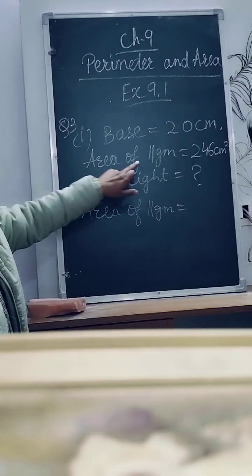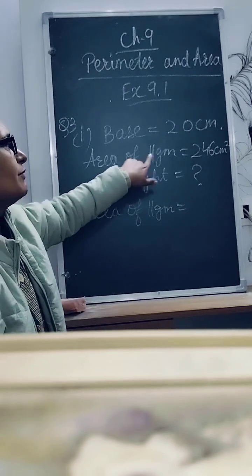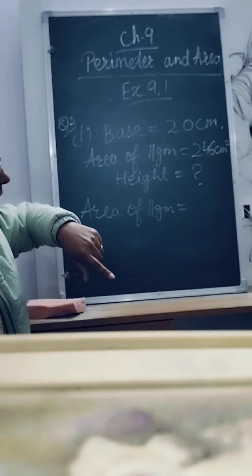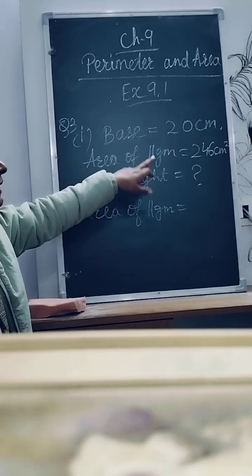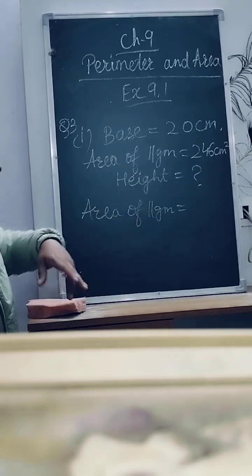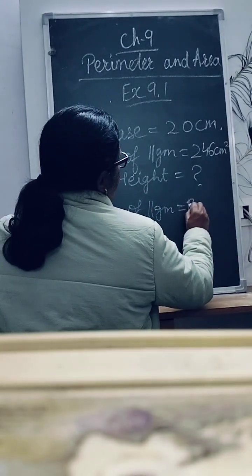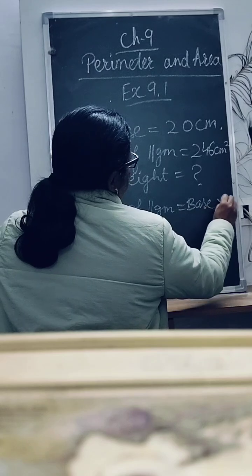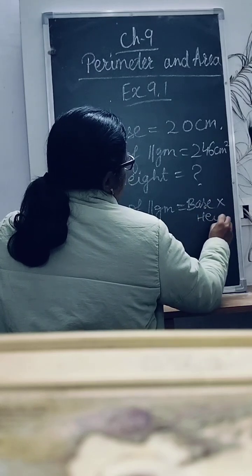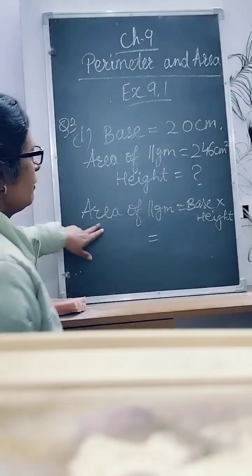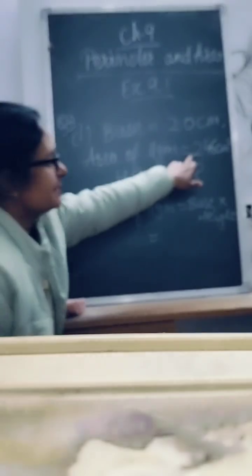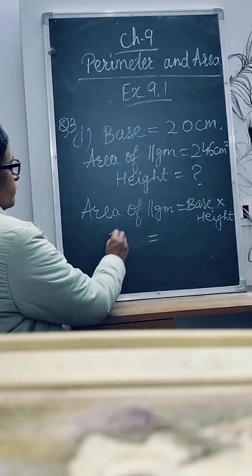Okay, if in the exam it is given area of triangle, then you will write the area of triangle. Now in this question it is given area of parallelogram, so you will write area of parallelogram. Write this formula, base into height. Now area of parallelogram we know. Now what is given? 246.